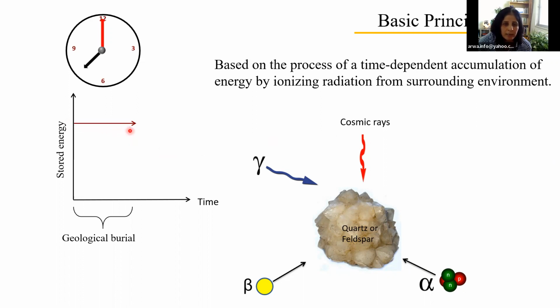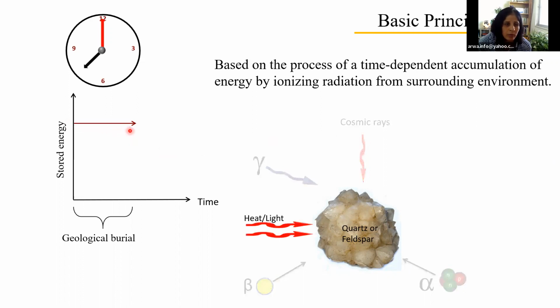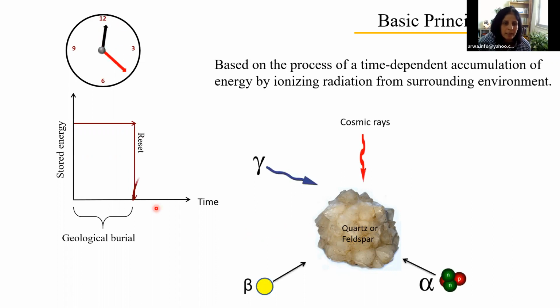But when the mineral is exposed to heat or light, this energy is completely reset back to zero. This resetting is the target event that we usually try to date, because after that, the mineral again starts receiving radiation from the surrounding environment and starts to rebuild this energy.